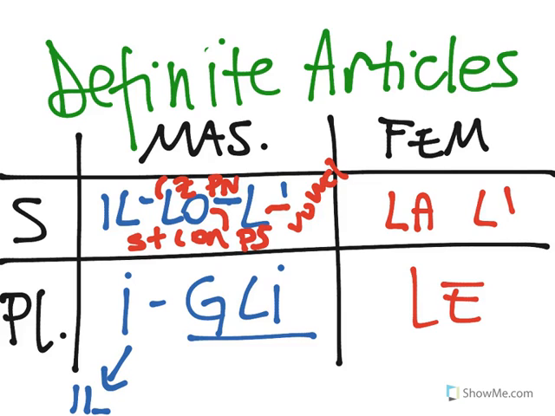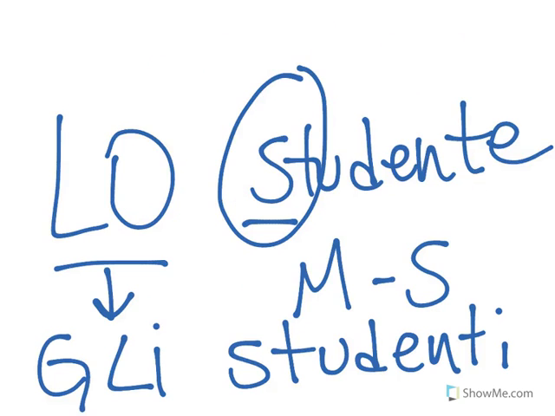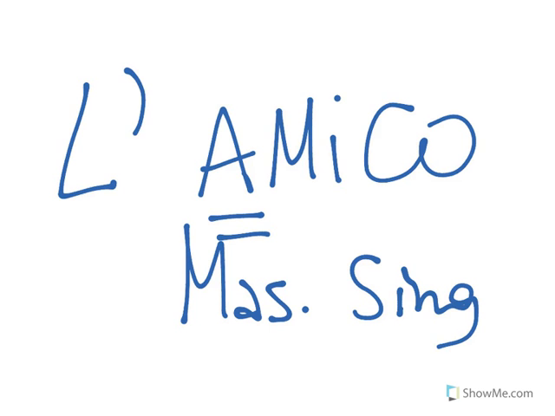When we have a feminine noun, we will precede this feminine noun with the articles in the singular form la or l'. We will use la in front of most of the singular feminine nouns, but we will use l' in front of nouns that start with a vowel that are, again, feminine.